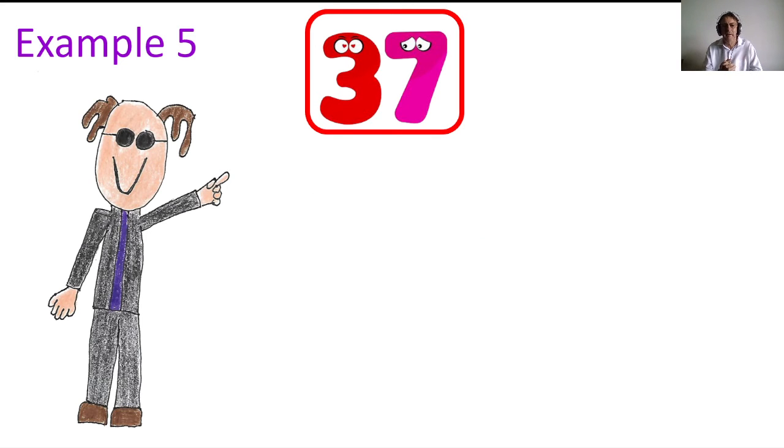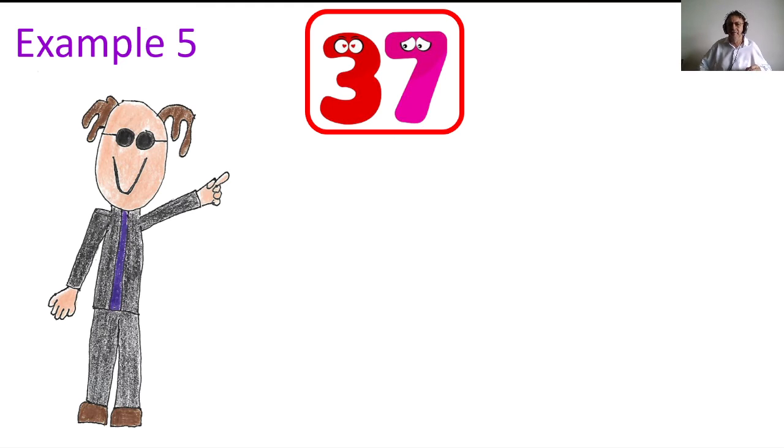Example 5. How about 37? Now, 37 is an odd number. Agree? Cannot be divided by 2. Can it be divided by 3? No, it cannot be divided by 3 either. How about 4? Sorry, not 4, 4 is an even number.